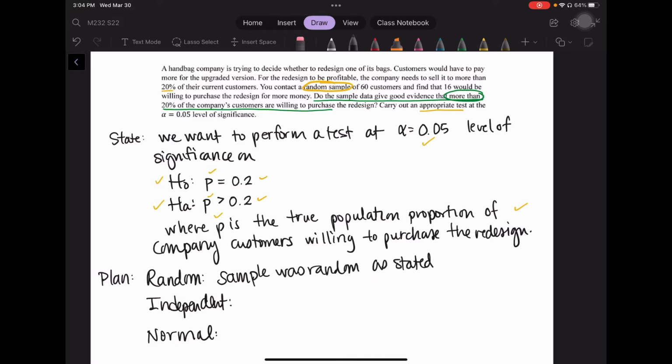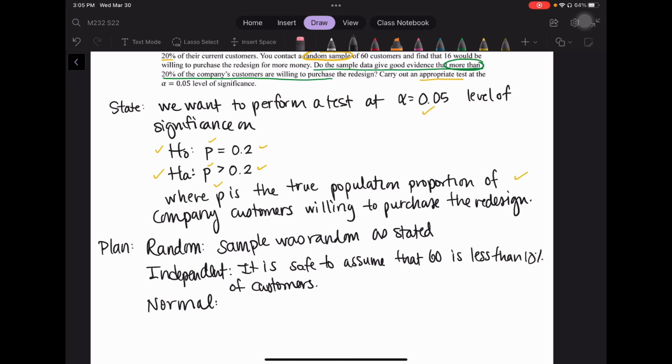Now we need independent. This does not give us a population size. So we need to assume that 60 is less than 10% of the population of customers. That means that we need to at least have 600 customers, which is safe to assume. When you're checking normal for a population proportion confidence interval, we used p hat because we don't know the assumed proportion value.